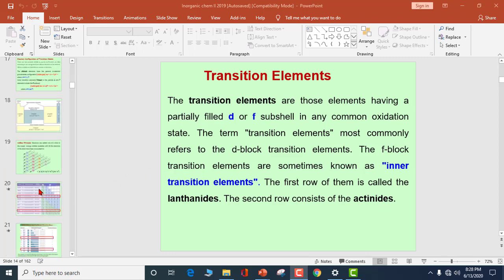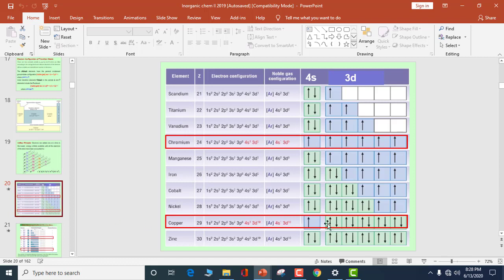So here in this configuration, we have two examples, one is copper and another is zinc. What we are seeing here is that the d orbital is completely filled, so this d orbital completion does not fit according to the definition of transition elements.